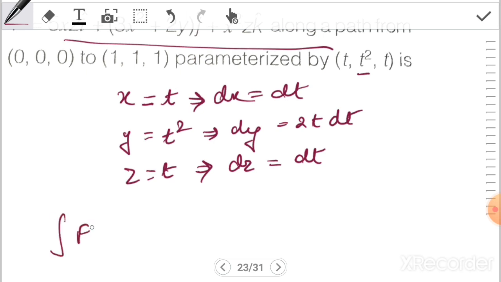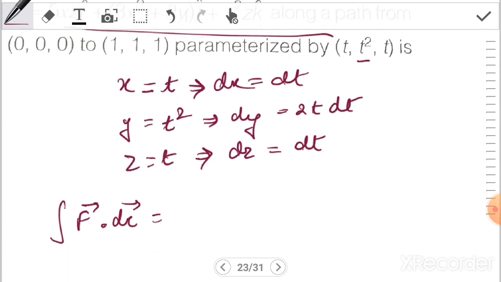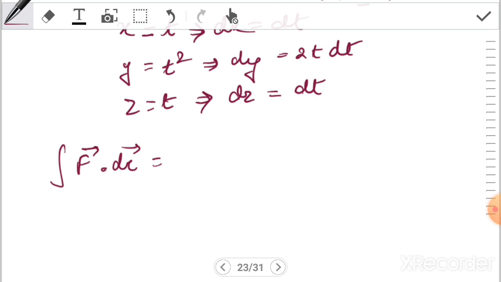Now f dot dr is equal to, so replace x by t and z by t, so 5t square dt and 3t square plus 2t, and 2t dt. Integral from 0 to 1, 5t square.